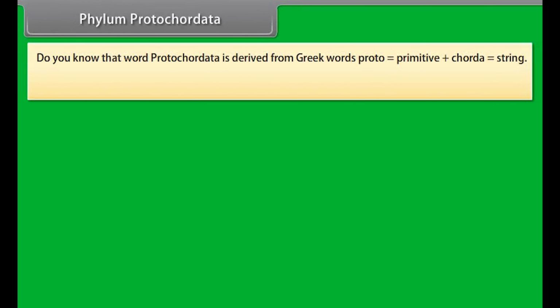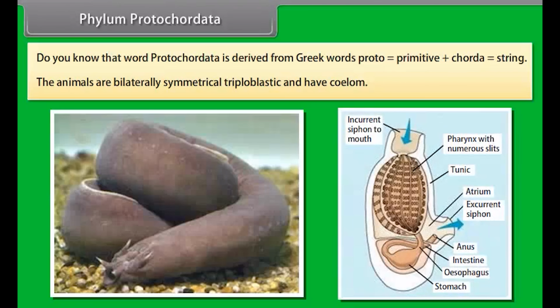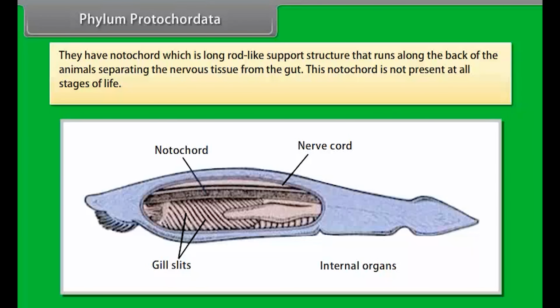Phylum Protochordata. Do you know that the word Protochordata is derived from Greek words proto, which is primitive, plus chorda, which is string. The animals are bilaterally symmetrical, triploblastic and have coelom. They have a notochord, which is a long rod-like support structure that runs along the back of the animals, separating the nervous tissue from the gut.